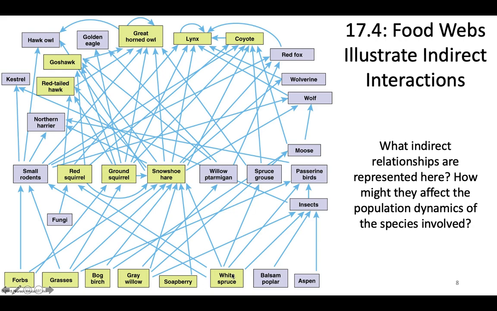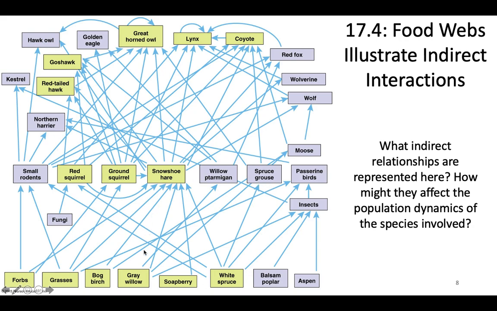If there was a decline in the white spruce population, you might see a decline in the spruce grouse population, which then would result in a decline in the moose population because the white spruce is affecting the spruce grouse.